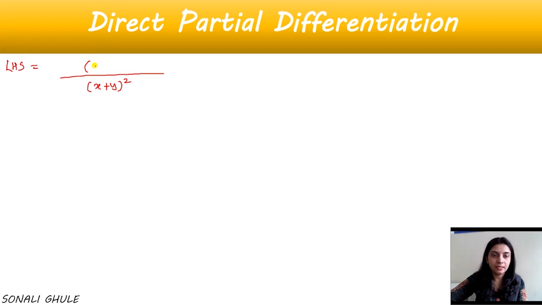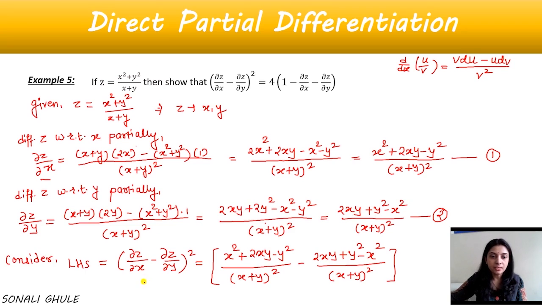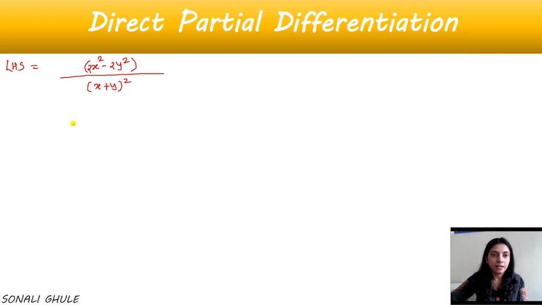Yes, it is 2x square minus 2y square, right? But there is a square of the term, so we have to write the square here, and also we have to write the square of this term.